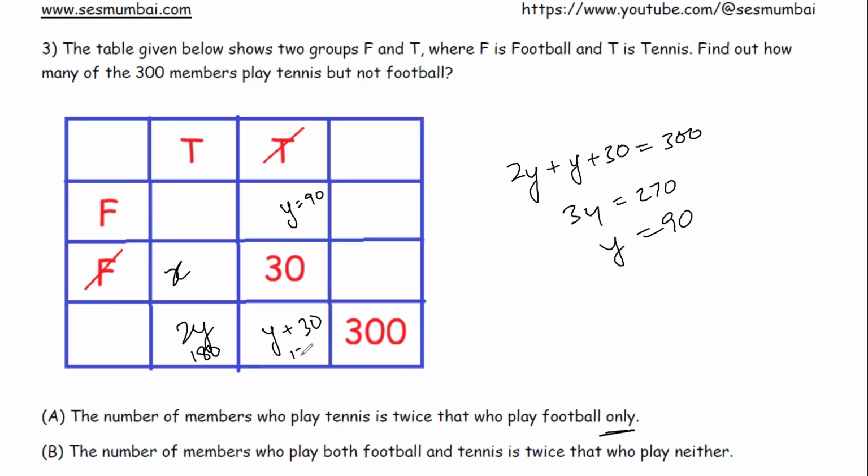So 90 and 30, 120. So that's what we know, right? But we need to find X. X cannot be calculated. We know this is X plus 30, but we don't know this portion out here, right? So A, B, C, D, E, A doesn't answer. So D doesn't answer. Now we'll redraw the table, correct?